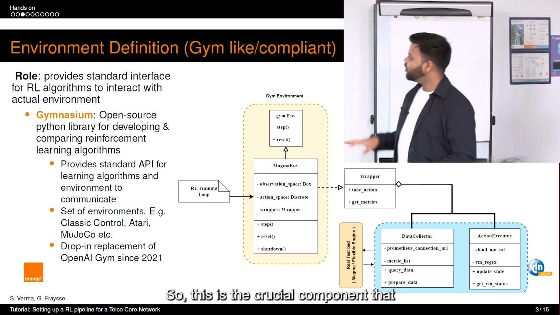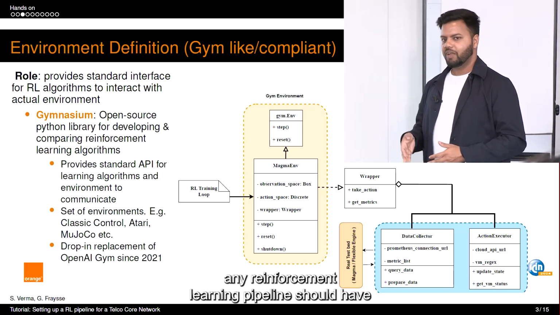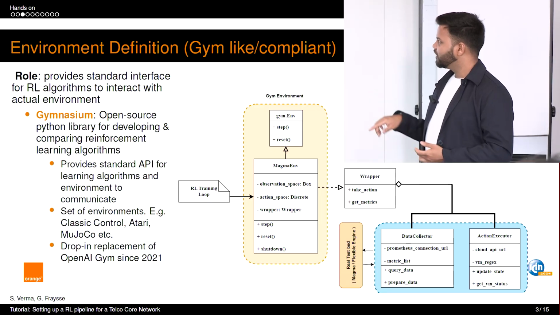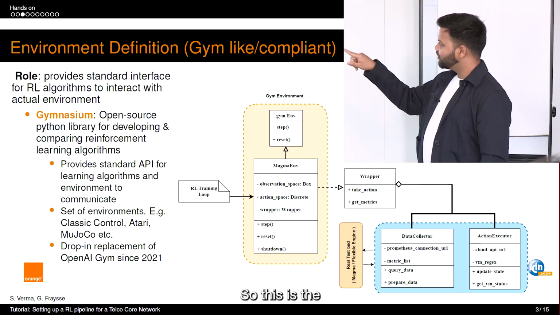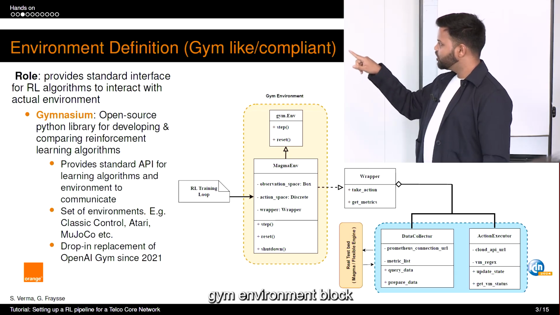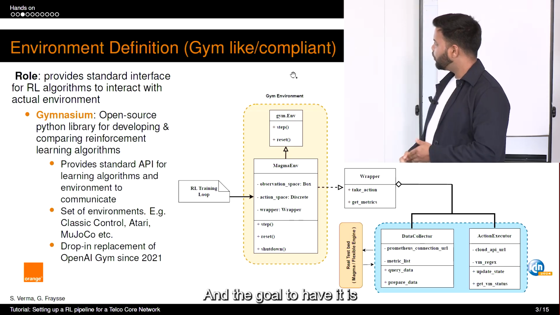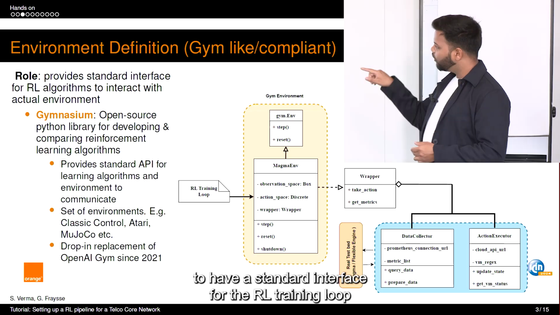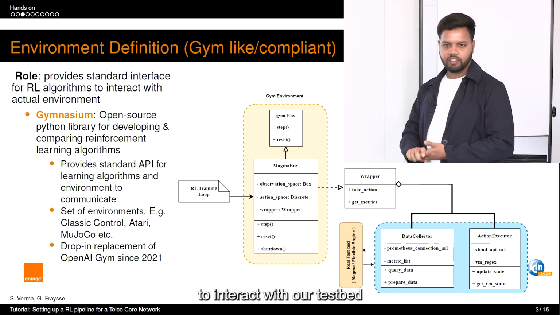Okay, so this is the crucial component that any reinforcement learning pipeline should have, which is called the environment definition. You can see the UML diagram over here. This is the Gym environment block, and the goal is to have a standard interface for the RL training loop to interact with our test bed.